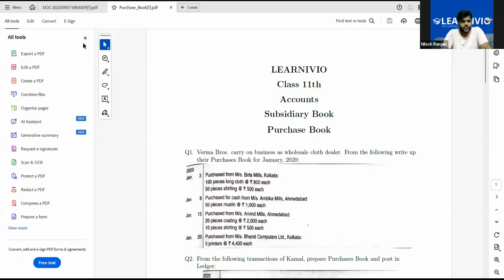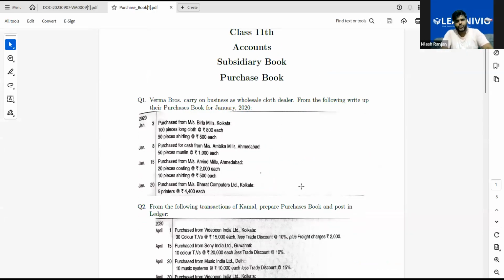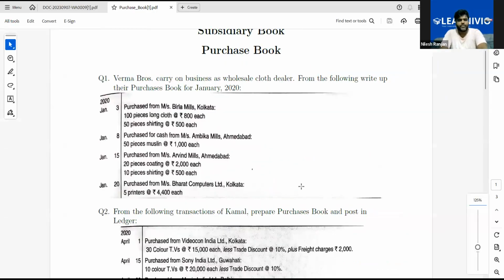Okay. Now I'm sharing the question. Tell me if you're able to see the question.